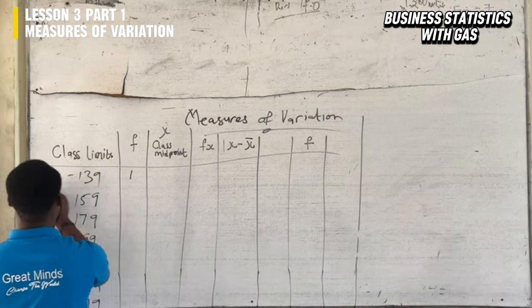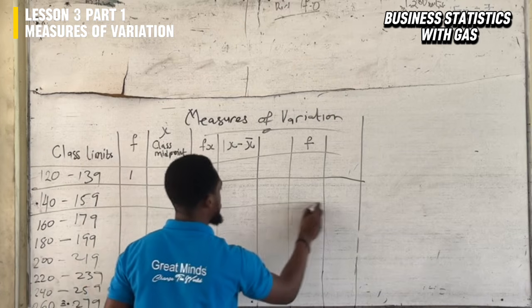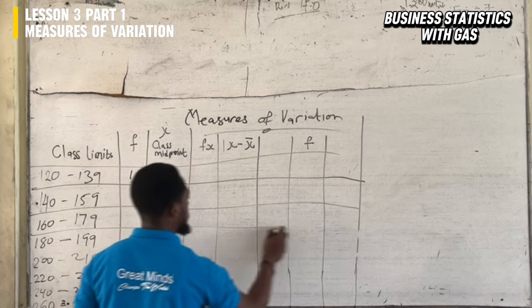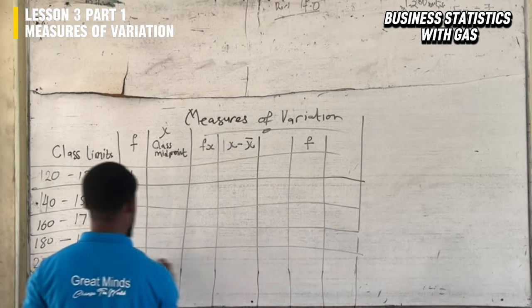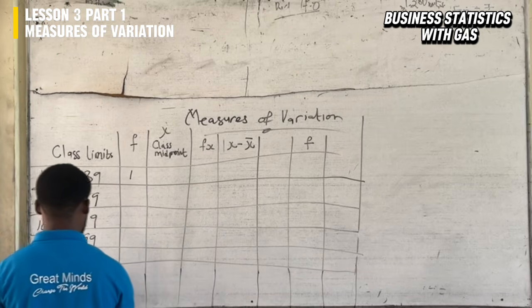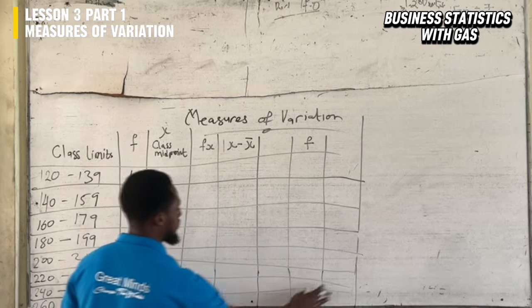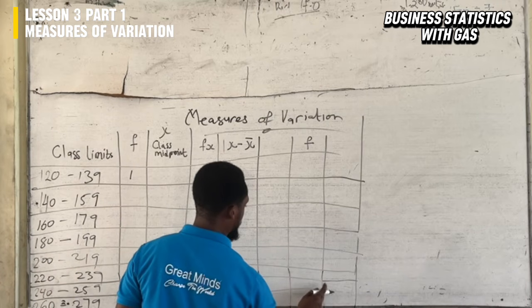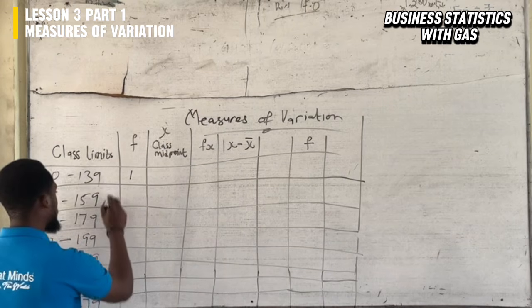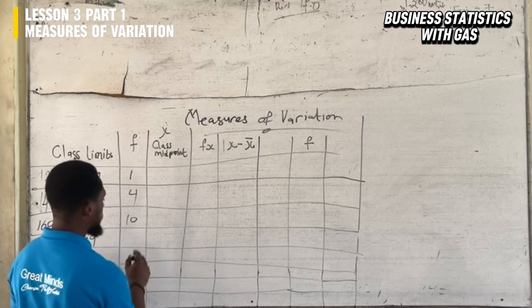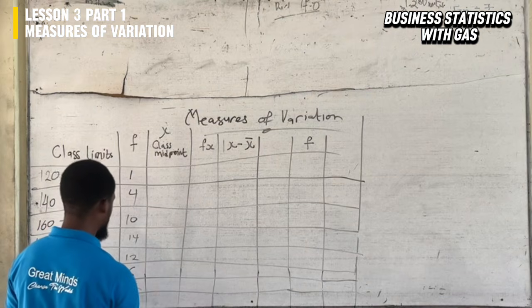So our frequency is 1, 4, 10, 14, 12, 6, 2, and 1.